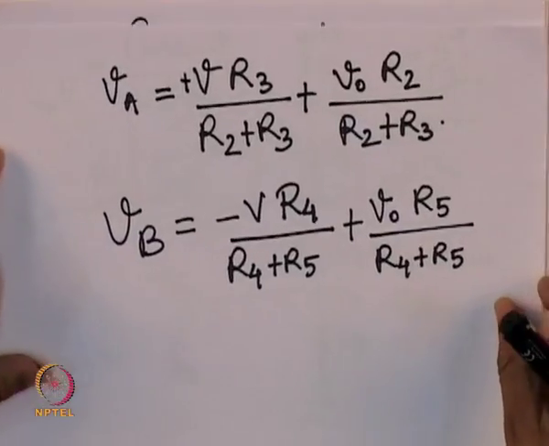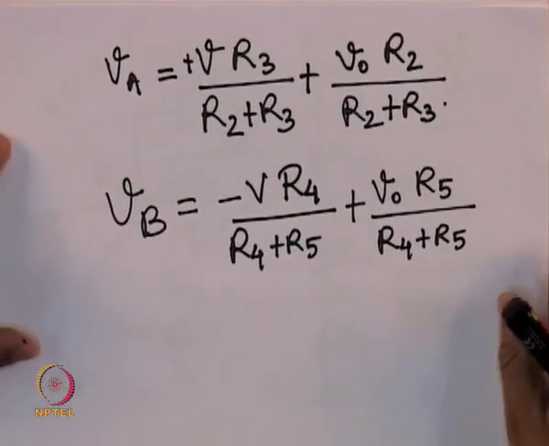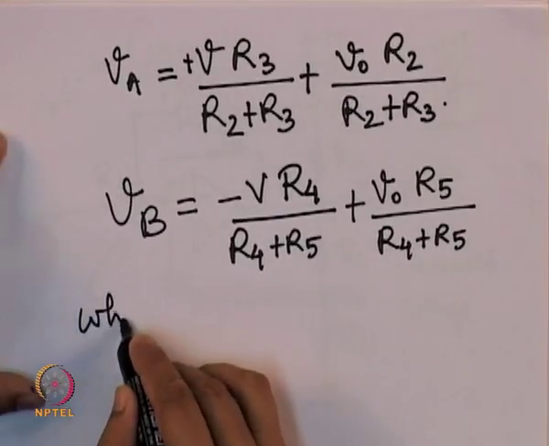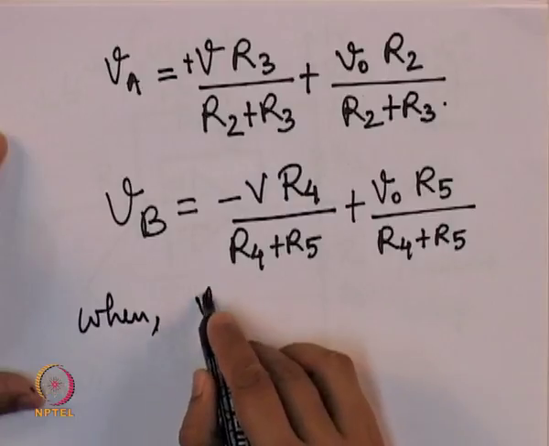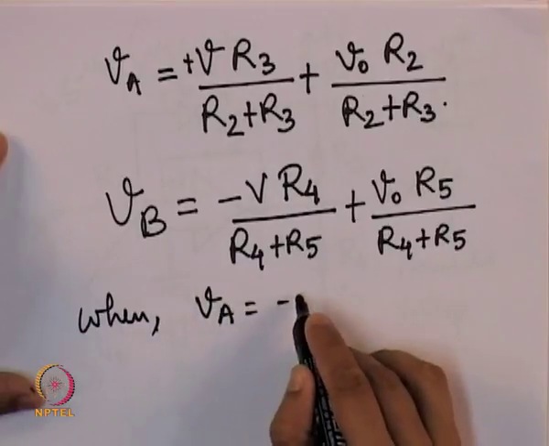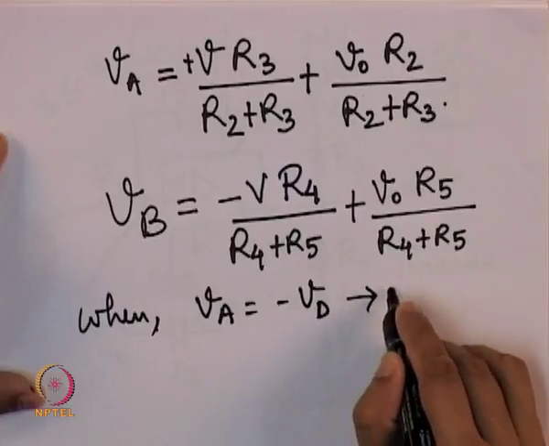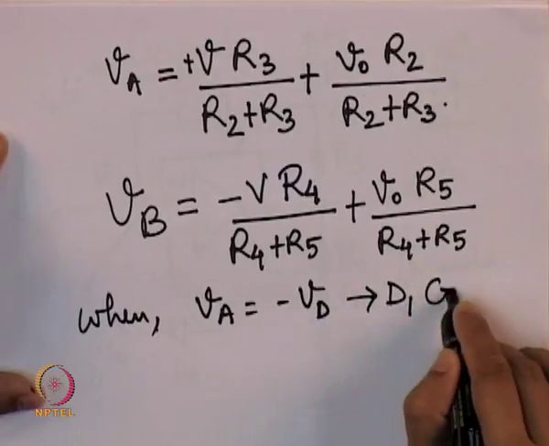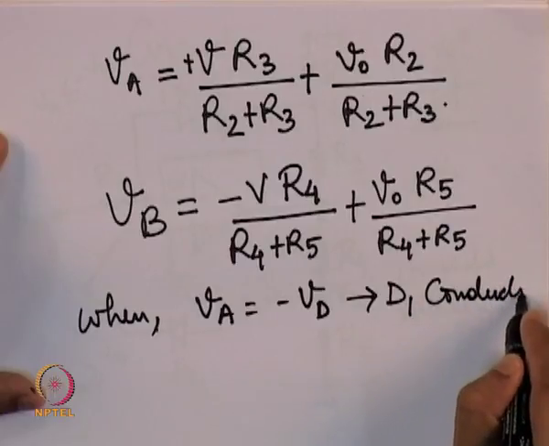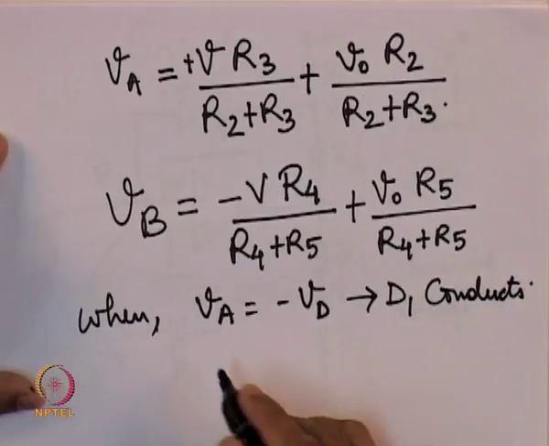Suppose, so we can say that when Va is equal to minus Vd, the threshold voltage, D1 conducts. Okay.